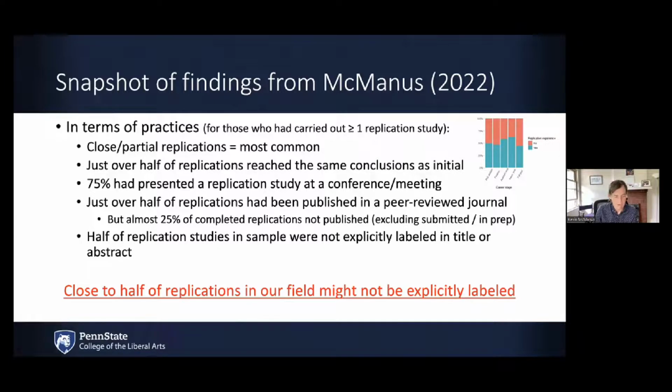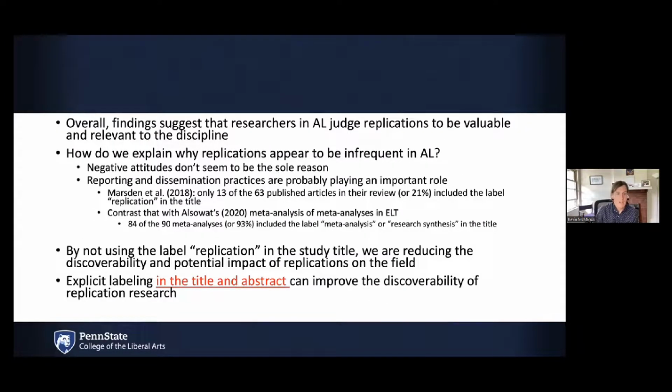But if we don't know they're out there because we can't find them, then their potential to shape conversations is being reduced. So overall, the findings suggest that researchers do appear to judge replication studies as being valuable and relevant, right? So that's kind of difficult to make sense of, right?